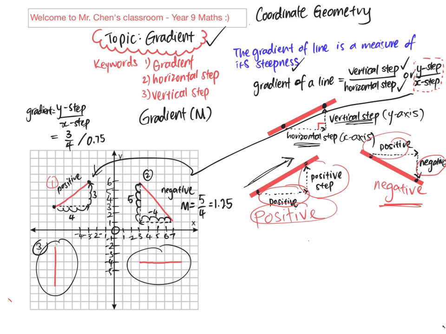So for your x step, it is 0 right there. It will be replaced with 0. But what about y step? The y step is going up: 1, 2, 3, 4, 5. So going 5 times.